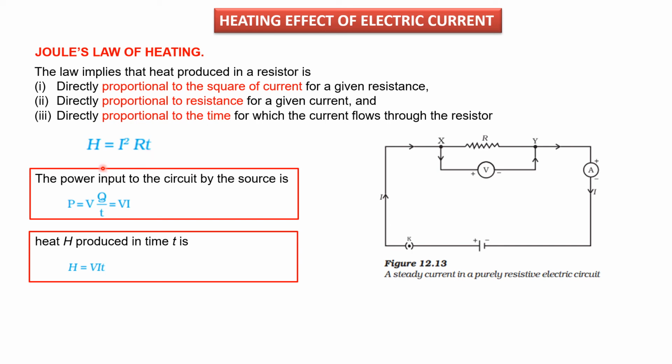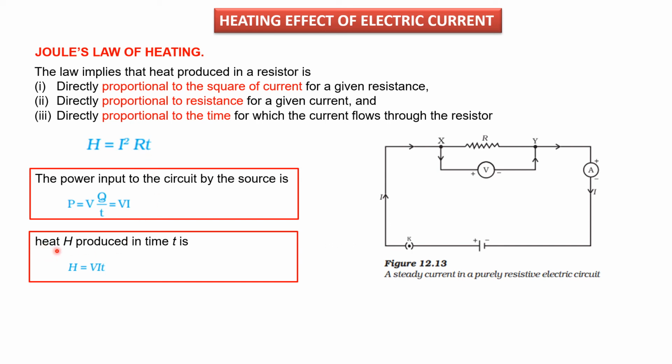So that's why it is written as H is equal to I square RT, where H is heat. So H is equal to I square RT. Clear?